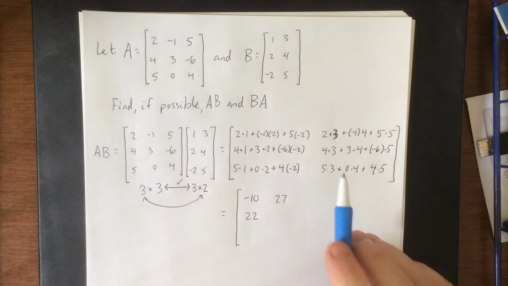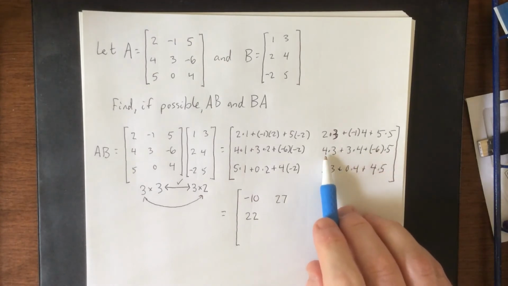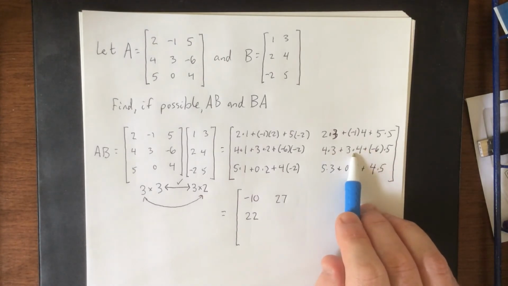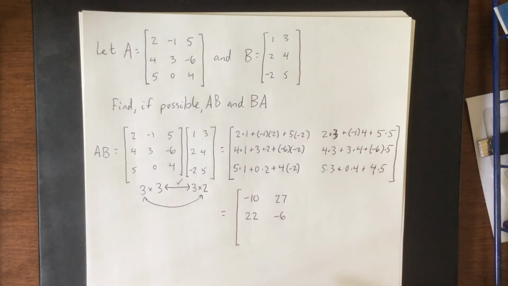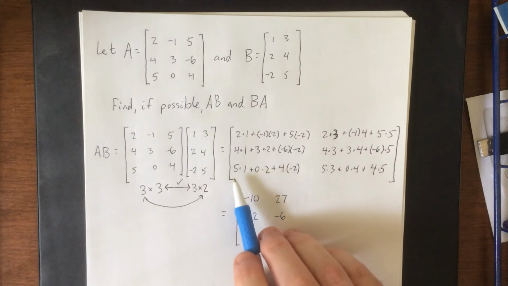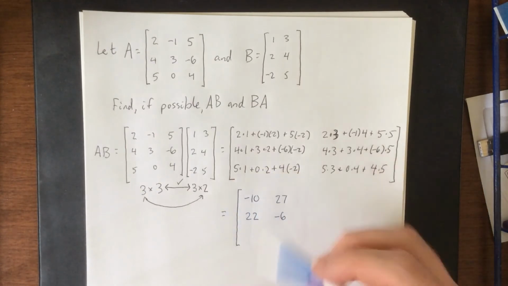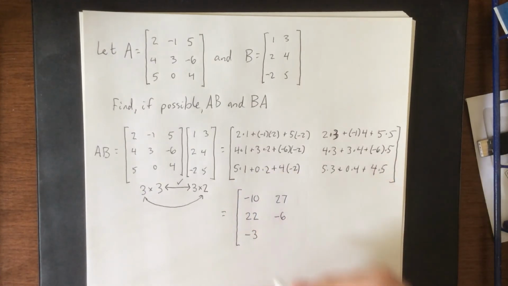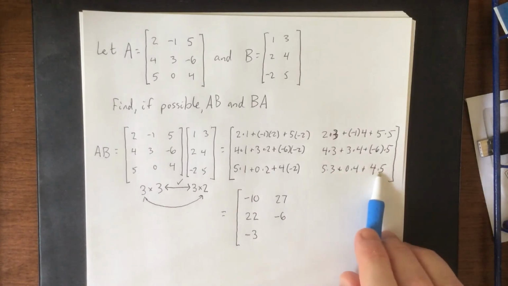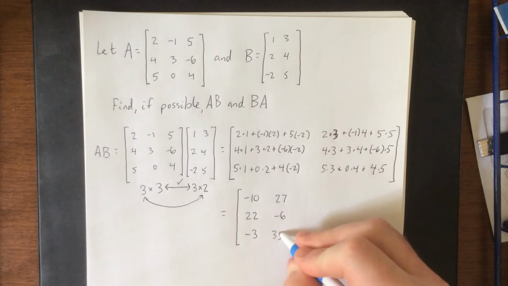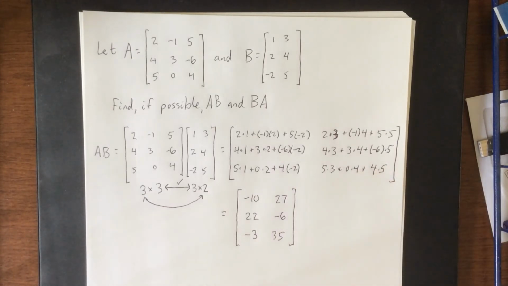For the 2, 2 entry, we'll see 12 plus 12, which is 24, minus 30, that'll be -6. For the 3, 1 entry, 5 plus 0 minus 8, that'll be -3. And then finally we have 15 plus 0 plus 20 for a final result of 35. So AB is a valid matrix product, and this is the result once we perform that product.